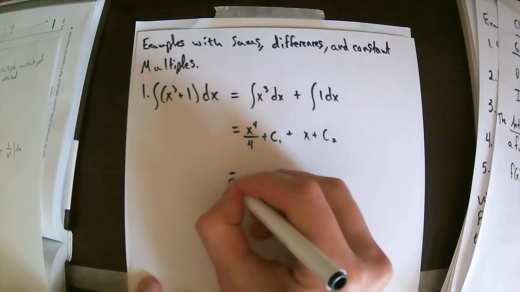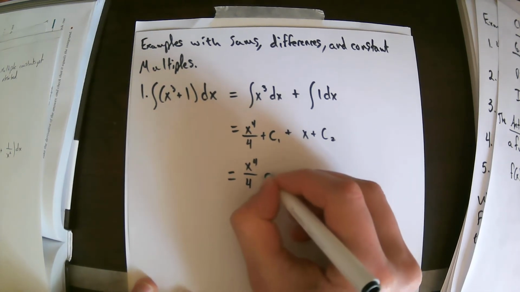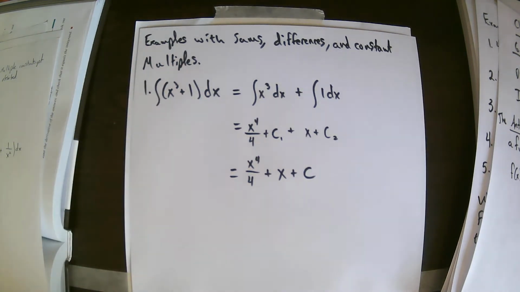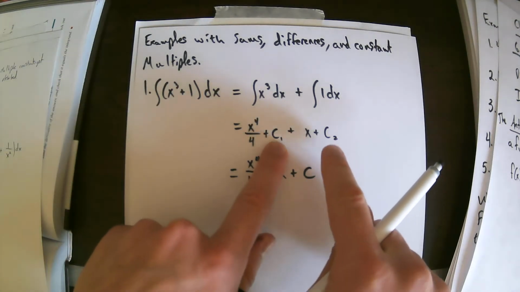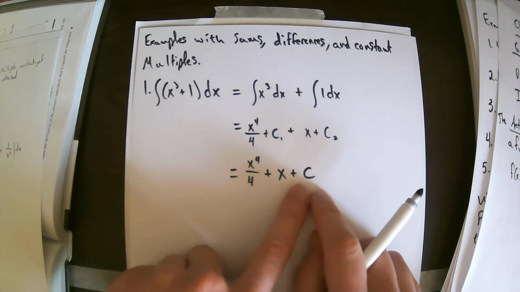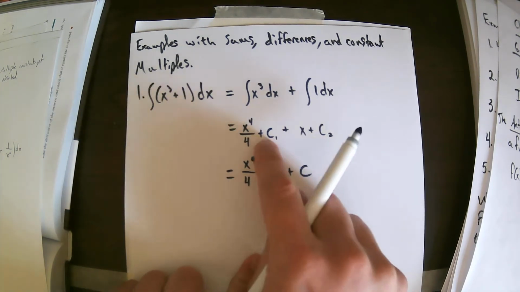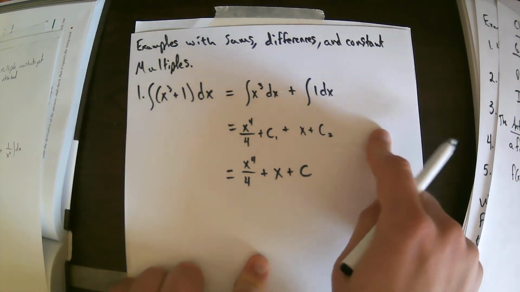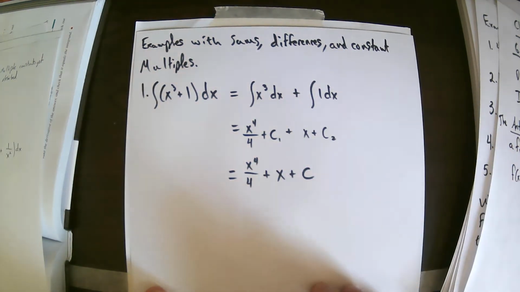But they just get absorbed into each other and we end up with one constant. Even if this is a 7 and this is a 23, the new constant would just be 30. It doesn't matter how many constants end up here, how many different integrals we have to split into. They can all be absorbed into one new constant real number.